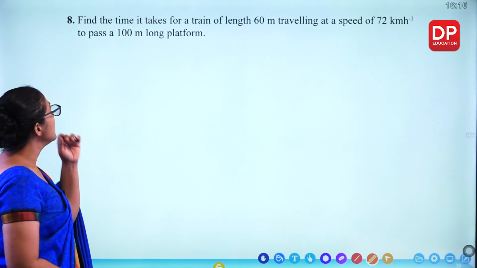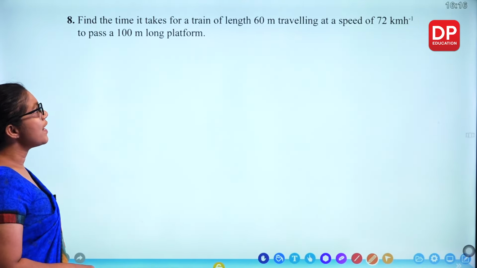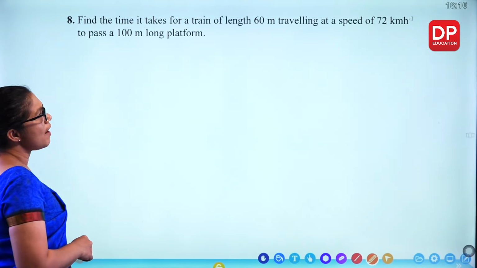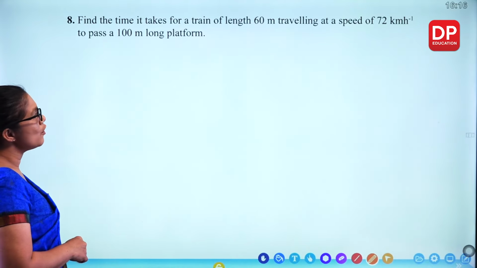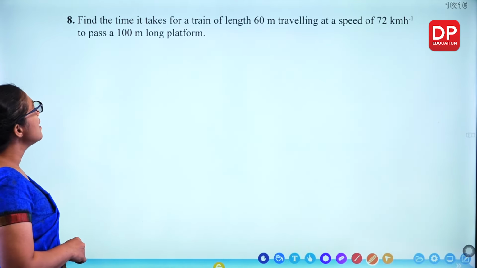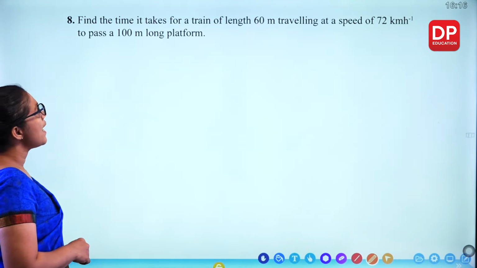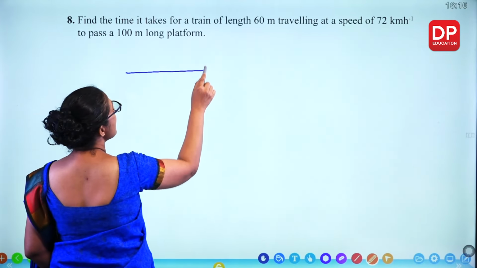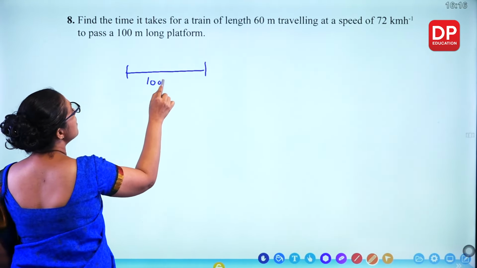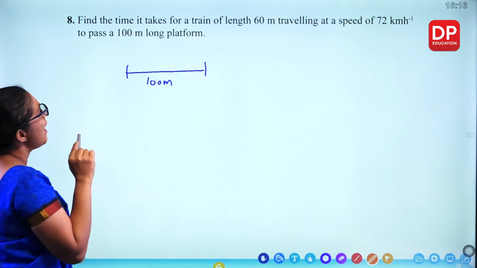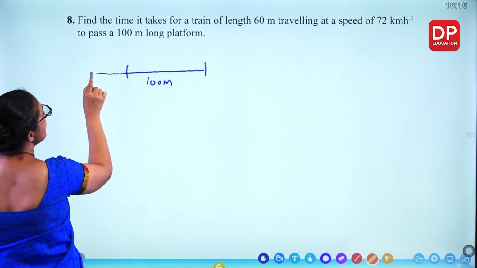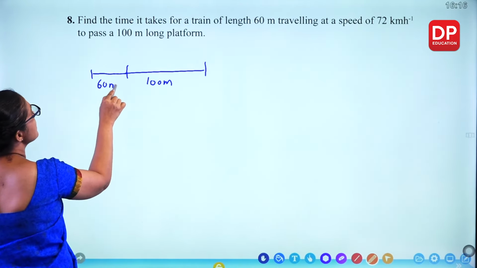Question number 8. Find the time it takes for a train of length 60 meters traveling at a speed of 72 kilometers per hour to pass a 100-meter long platform. So there's a 100-meter platform and the length of the train is 60 meters.